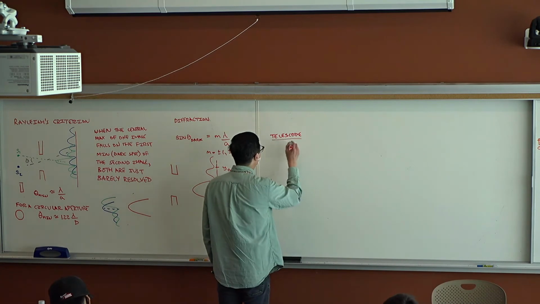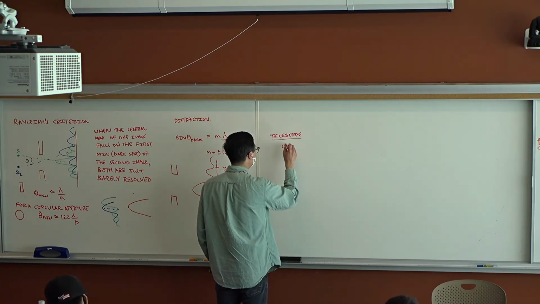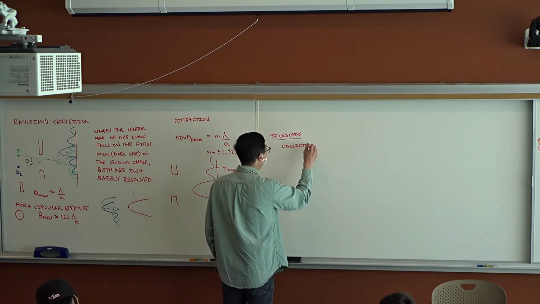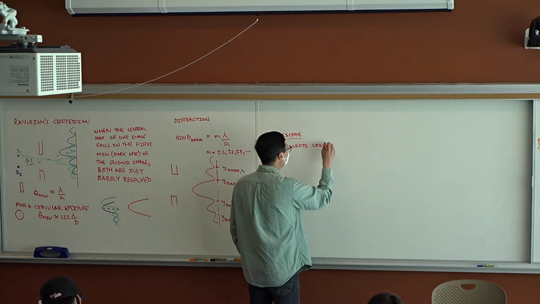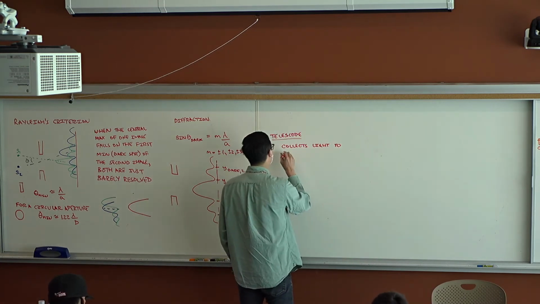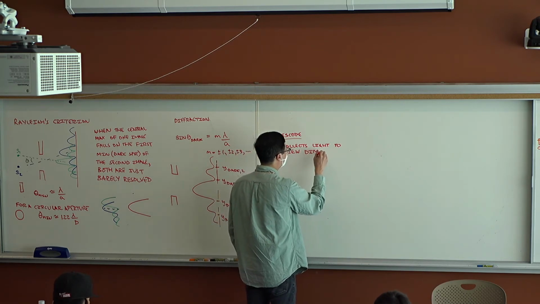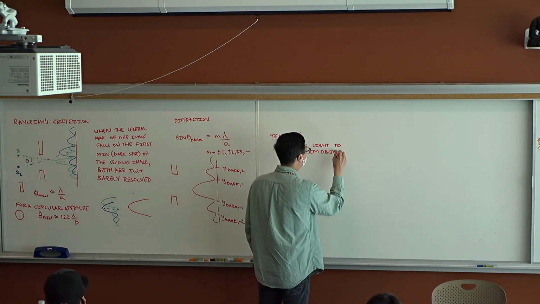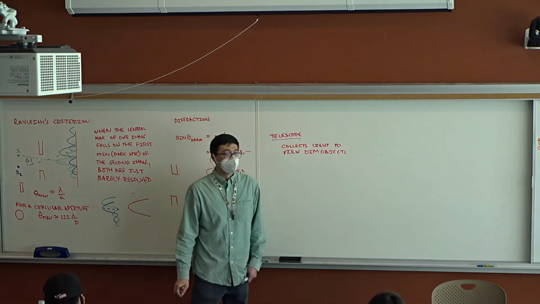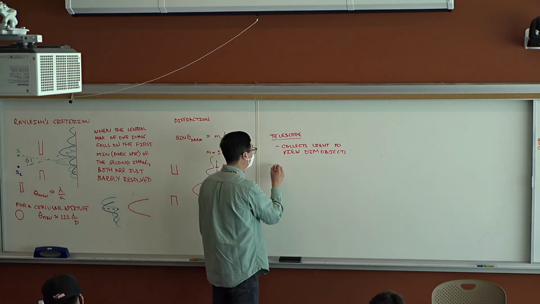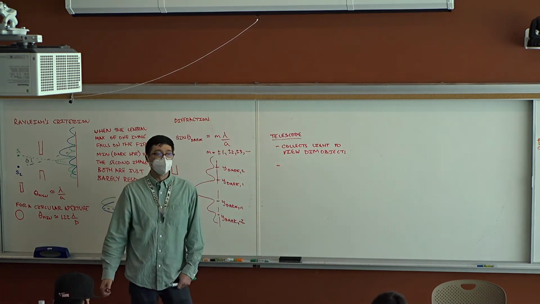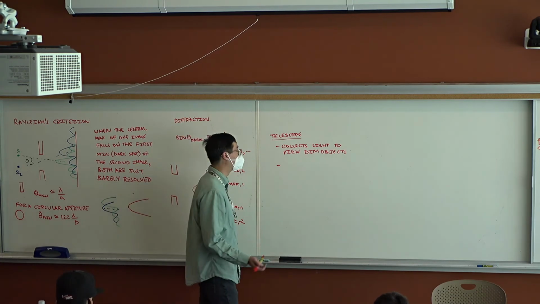So, a telescope collects light to view dim objects. That's maybe the most important facet of a telescope.